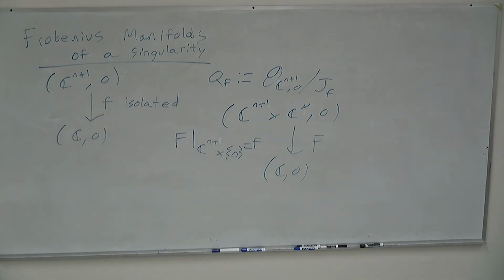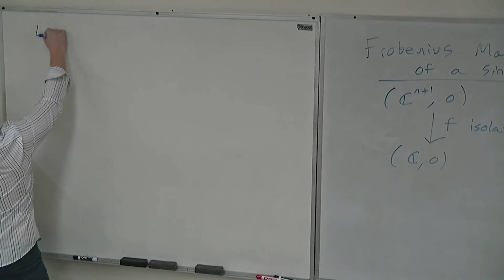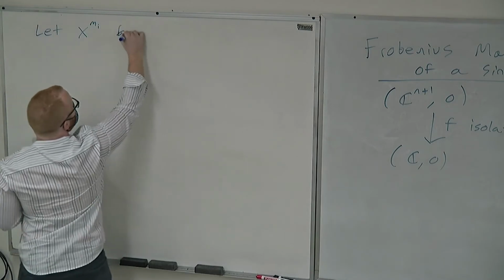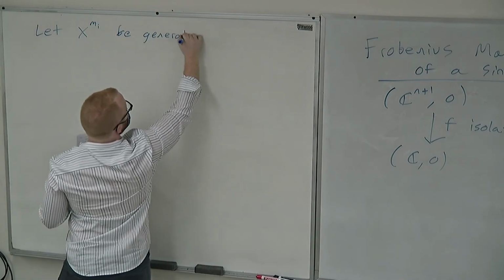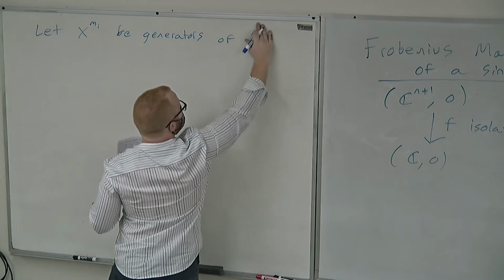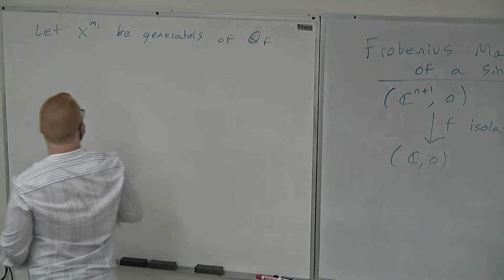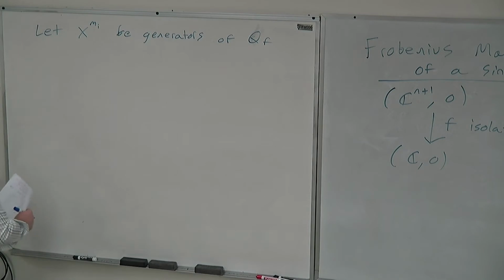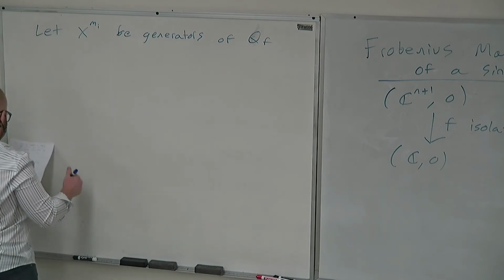In particular, to each generator of the Jacobian algebra, I can associate a vanishing cycle. So let's look at generators of the Jacobian algebra of Q_F, where this is a multi-index, not just a single power.